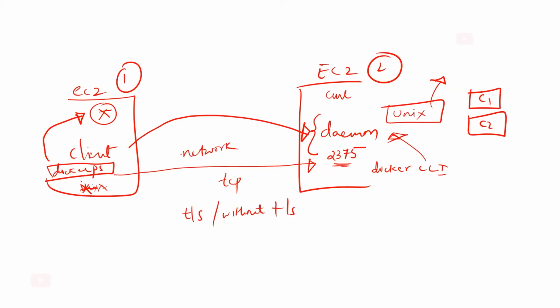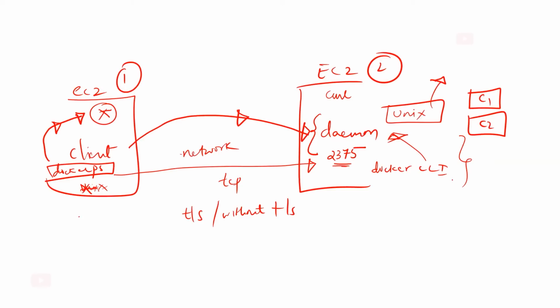It will fail. But now we will configure the Docker client in such a way that it won't look for the daemon here. It will talk to the daemon on the other machine. Which means if I have the CLI in this machine, I can create anything inside this Docker machine using Docker related commands. Clear?